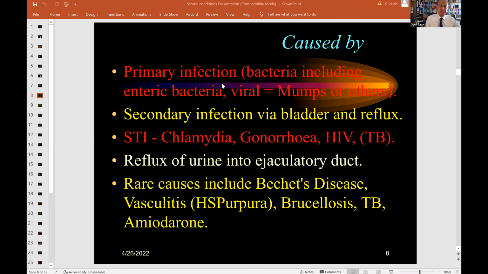It could be a secondary infection caused by refluxing urine containing organisms from the bladder. It could also be caused by sexually transmitted infection, such as chlamydia, gonorrhea, HIV, or chronic granulomatous conditions such as tuberculosis.